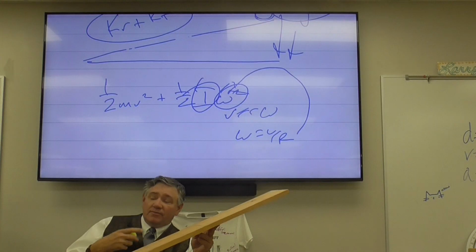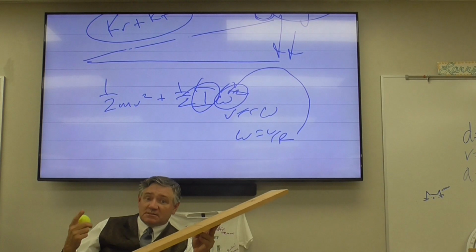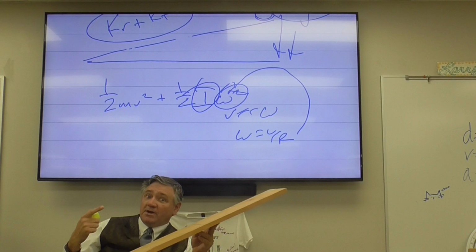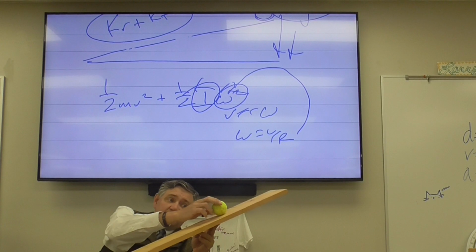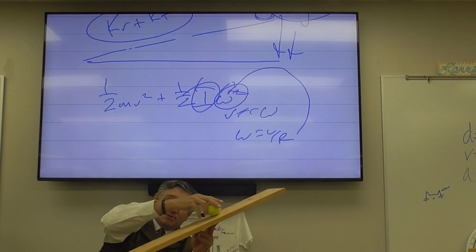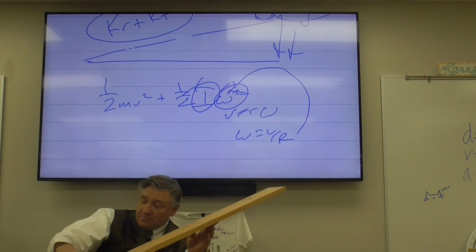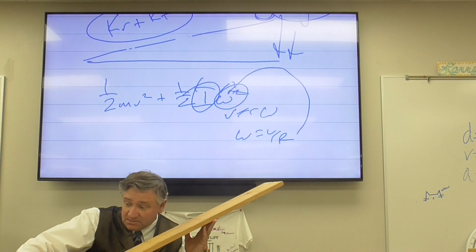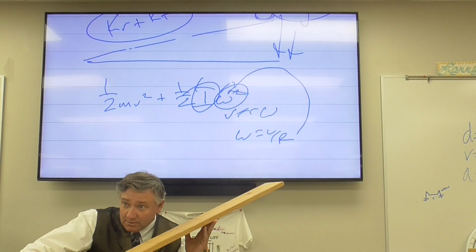Just be consistent, all right? I don't care where you measure from, but if you're going to measure from the center of mass of the ball, then you need to measure to the center of mass of the ball. But then when you get down to the bottom, the center of mass of the ball isn't at the table.